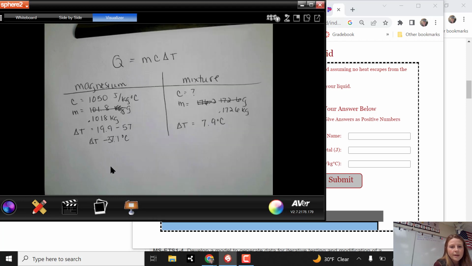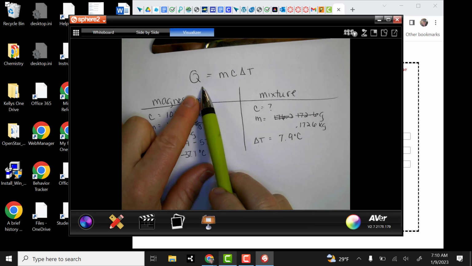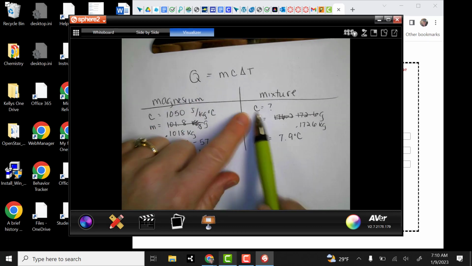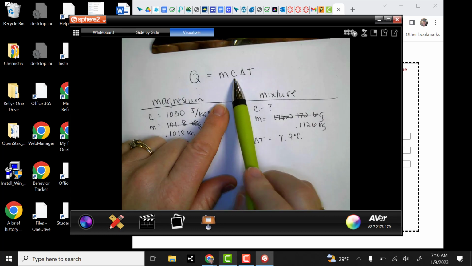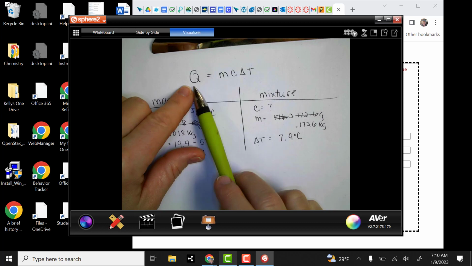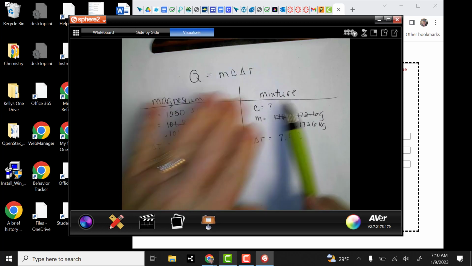So we know the change in temperature is going to be positive. If we use this equation to try to solve for the specific heat capacity, we aren't going to be able to, because we're solving for C for this mixture. We have its mass and its change in temperature, but we would also need to know how much heat it's going to gain. So we can't just start here.